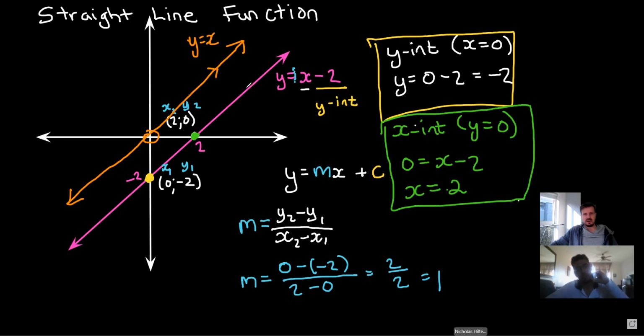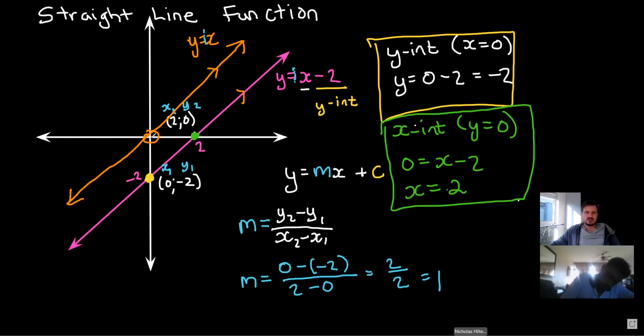If lines are parallel, they have the same gradient. That's an important thing to note: lines that are parallel have the same gradient, the same m. The number in front of the x for both of these is a 1.